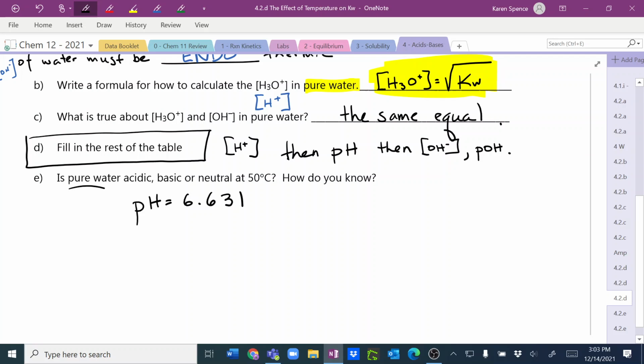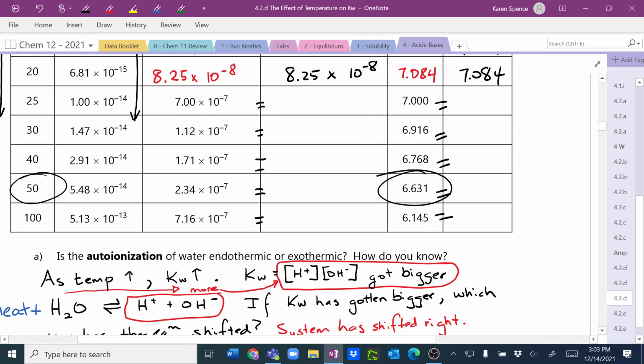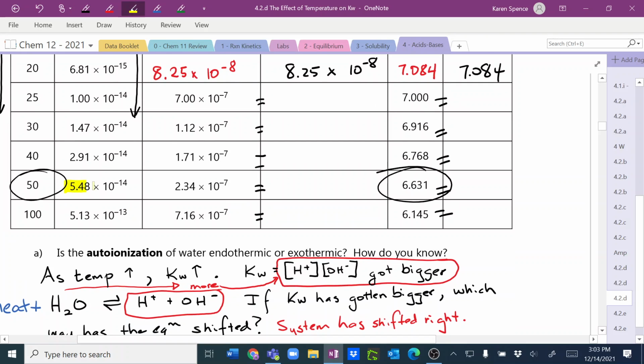It is neutral. Why is it neutral? Because, let's go look. My concentration of hydrogen and my concentration of hydroxide are the same. It's just that neutral pH is only 7 at 25 degrees Celsius. You remember how I was always like, it's only 7 at 25 degrees Celsius, right?